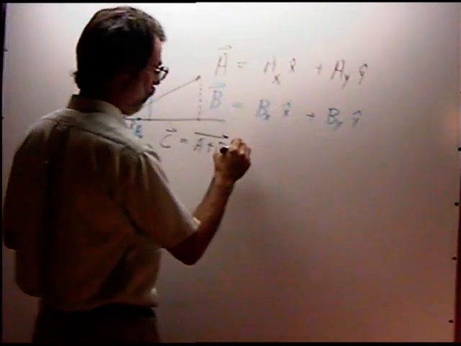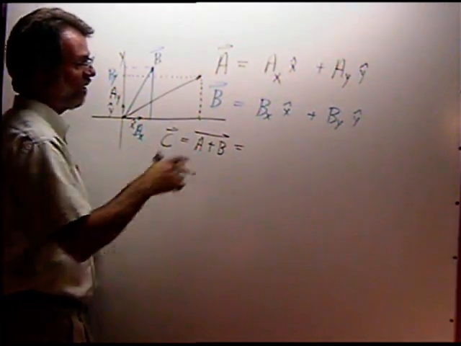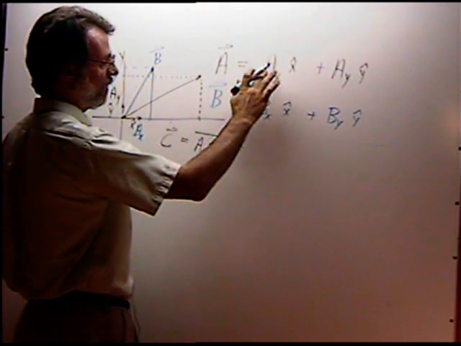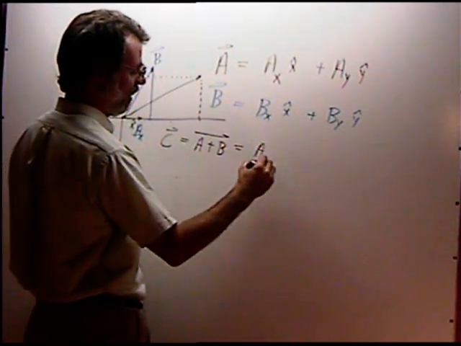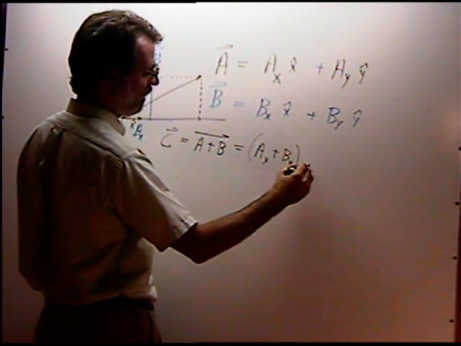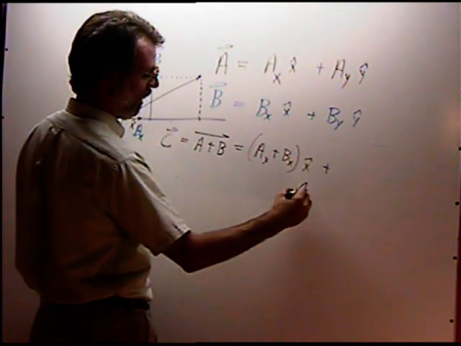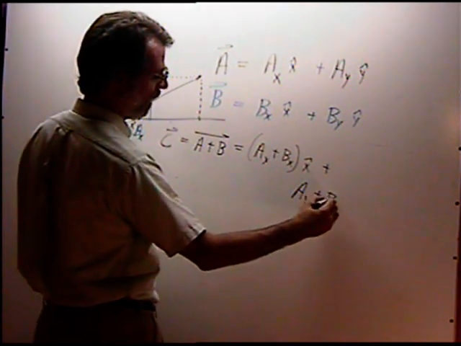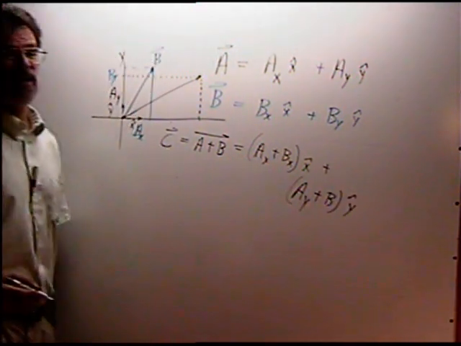And when I do that, how do I add the components? I simply add the components. So it would be ax plus bx, all heading in the x direction, plus ay plus by, the sum of those, all heading in the y direction.